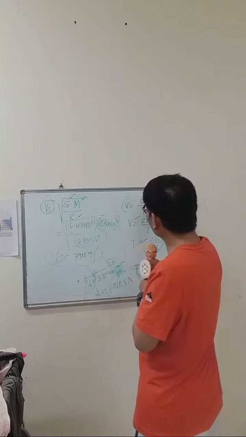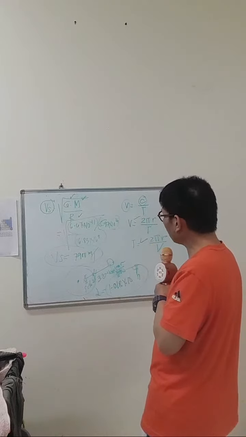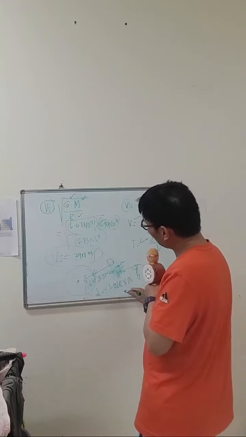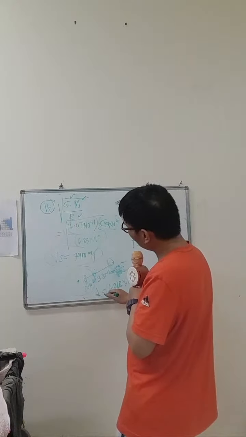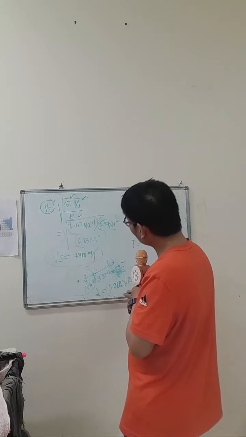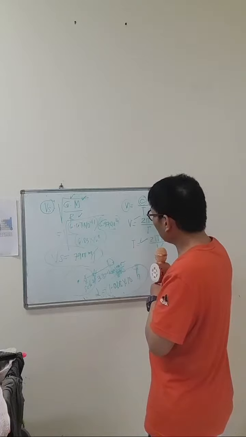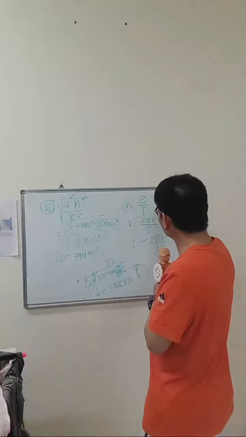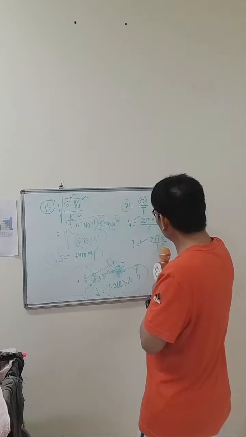You don't have to compute for the circumference, I don't think so, because this is part of your distance here. So you will say the velocity is 7,900. And velocity is distance over time, right?